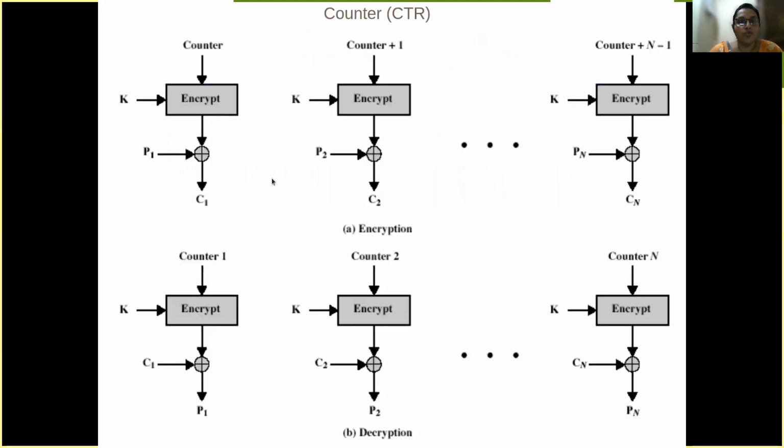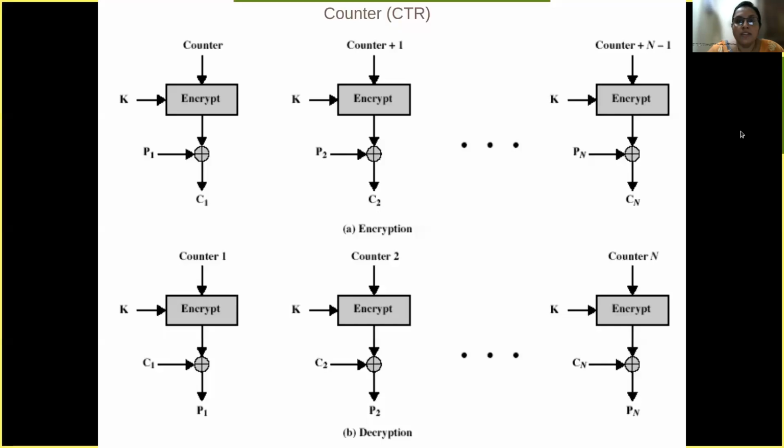So you see, now there is no feedback over here. Each time the encryption is done using the counter value. This first counter value alone is set. So now you can see that the encryption over here can be done independently and simultaneously.